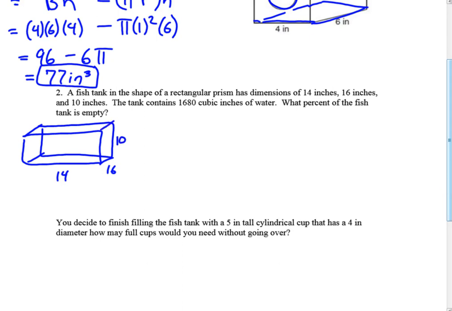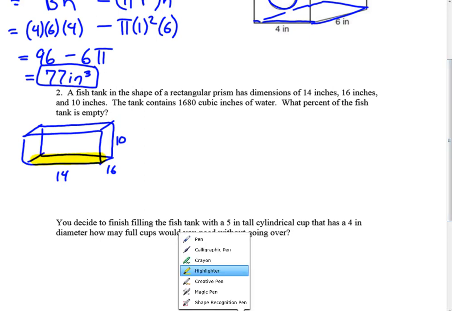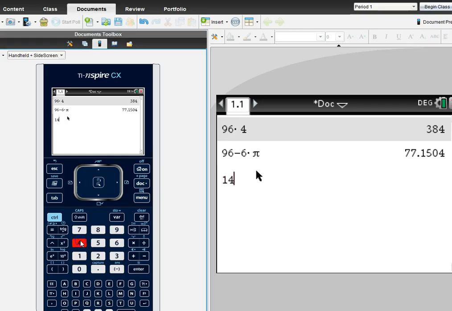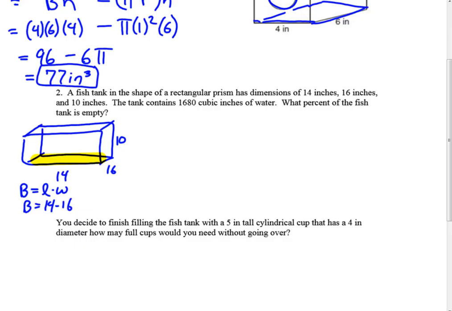Okay, so this is not drawn to scale. So pick what you want the base to be for this. In that case, if this is our base, the area of that would be length times width. So the area would be 14 times 16. So what's 14 times 16? 224.